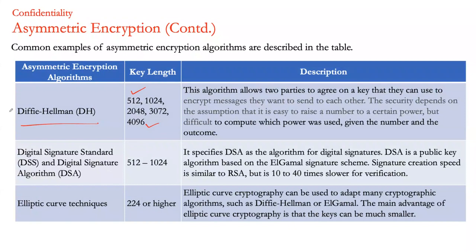Whereas these are all key generating algorithms, the digital signature standard DSS or digital signature algorithm uses key lengths between 512 bits and 1024 bits in size. To generate the private key and public key, it uses the RSA algorithm or the Elgamal signature scheme.